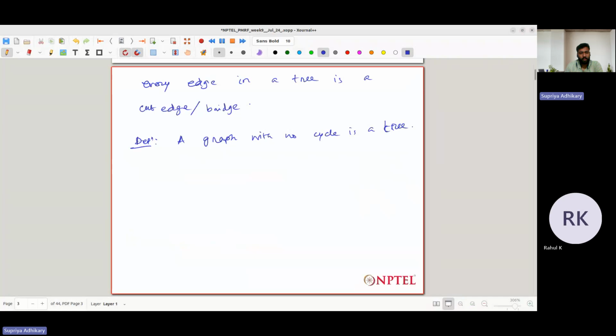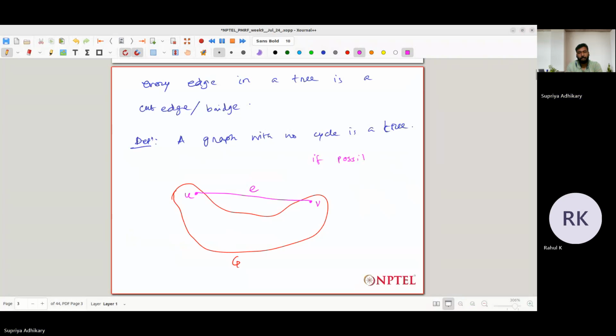Now consider that there exists one edge in a tree, so consider a graph like this. This is our graph G. There might be some edges and some nodes here, and consider this to be one of the edges between two vertices, let's call them U and V. If possible, let E be not a cut edge.